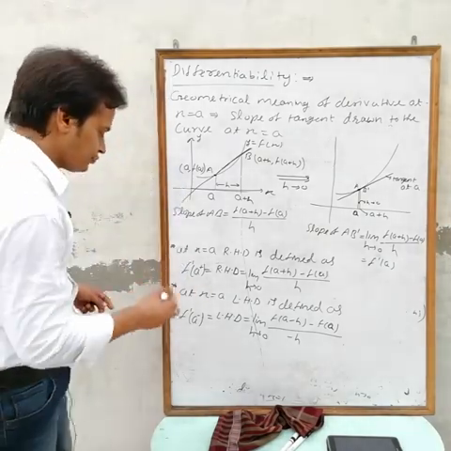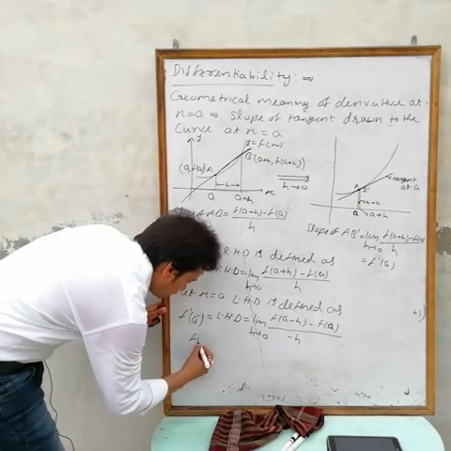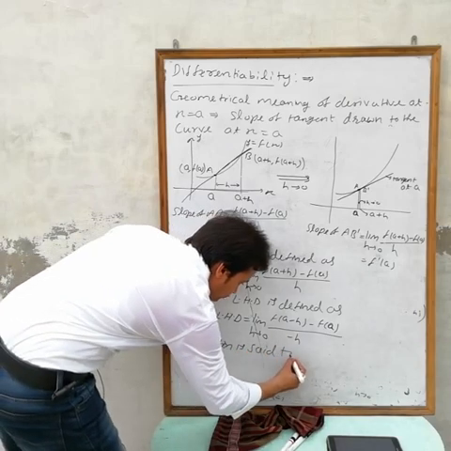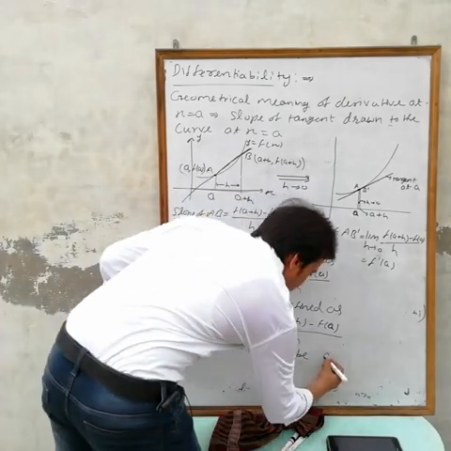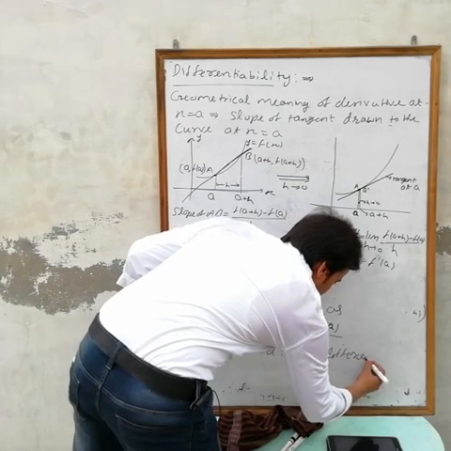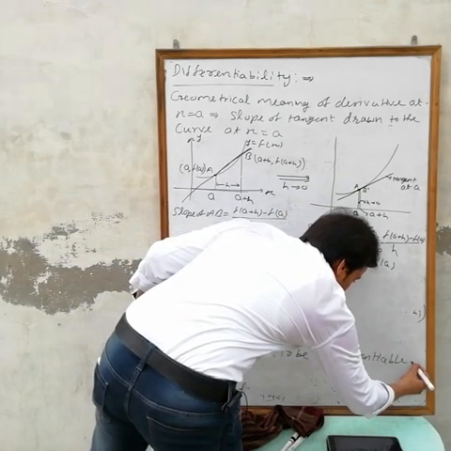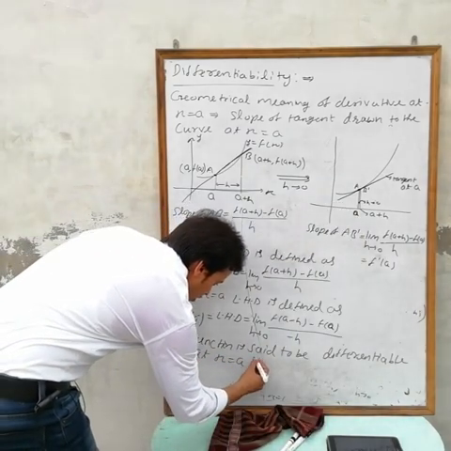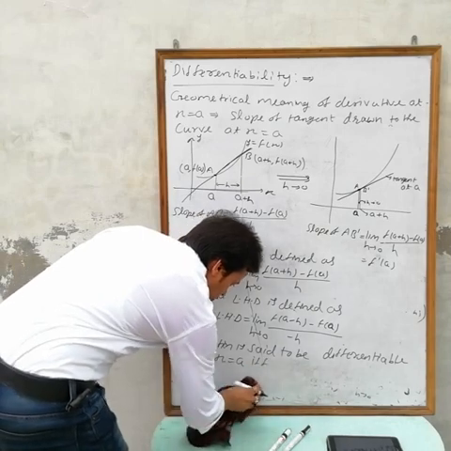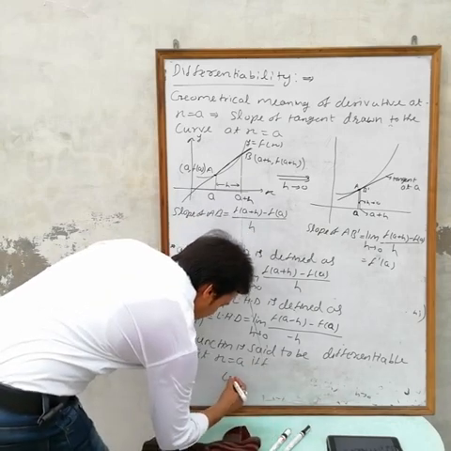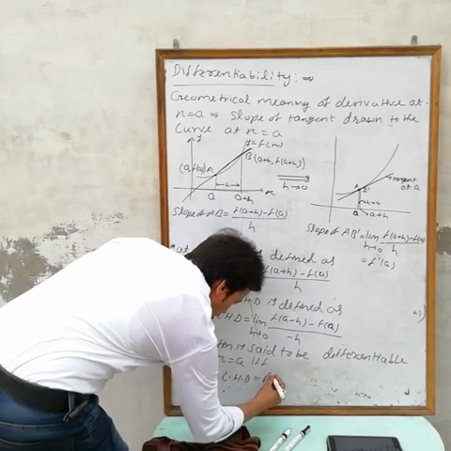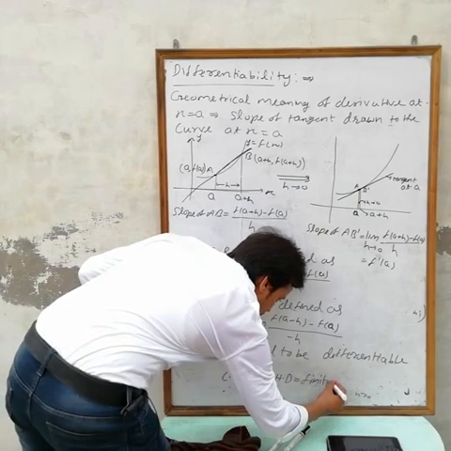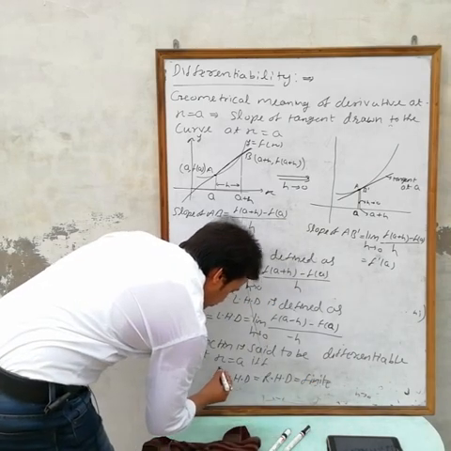A function is said to be differentiable at x equals a if and only if LHD equals RHD equals finite.